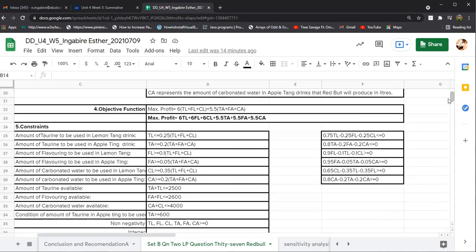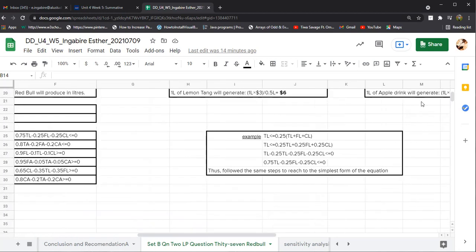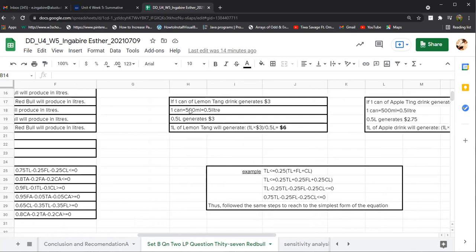I extracted the profit: if a can of lemon tang drink generates $3, and one can is 500 milliliters, which is 0.5 liters, then 1 liter of lemon tang will generate $3 times 1 liter divided by 0.5, which gives $6, the unit profit for lemon tang drink.